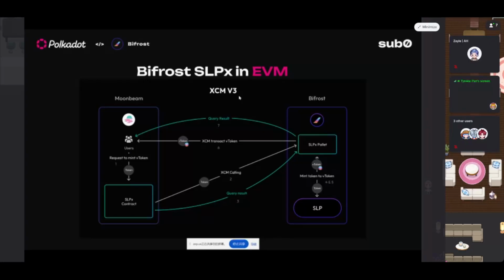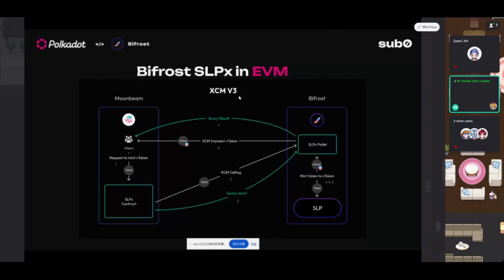The green lines, named query result, are something we were using with XCM v3 before. With this function, it's quite easy to know the situation on the destination chain that we're sending to.